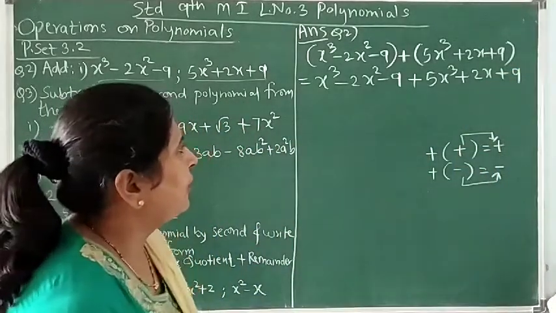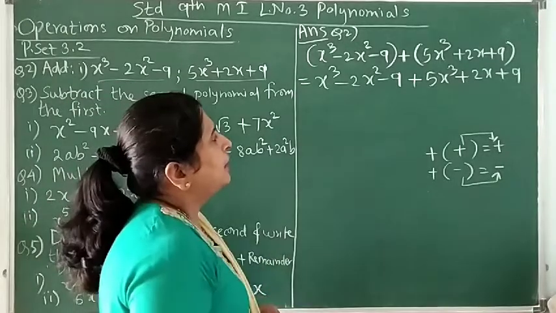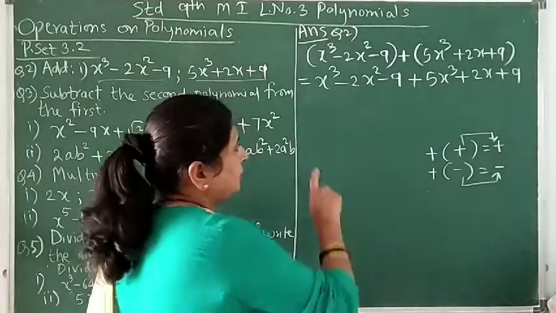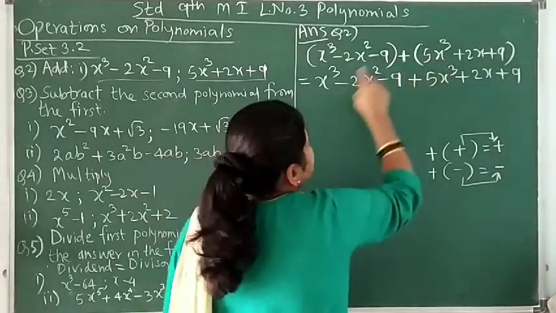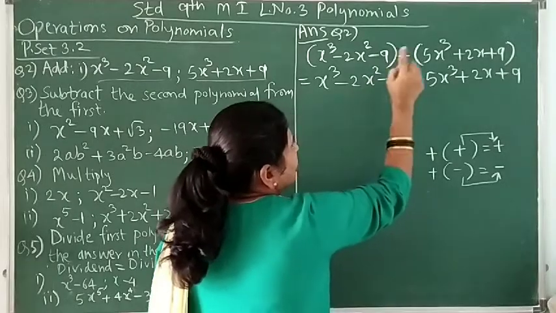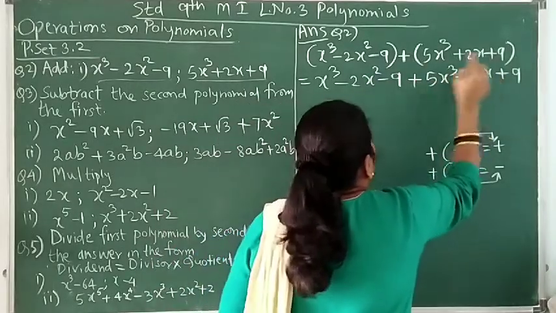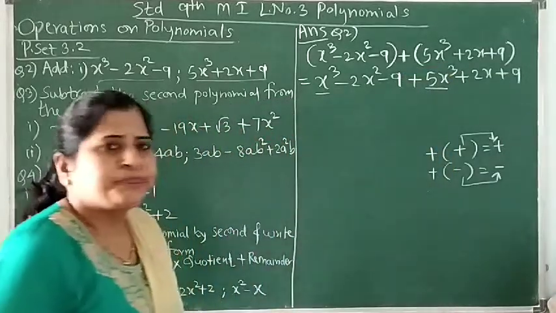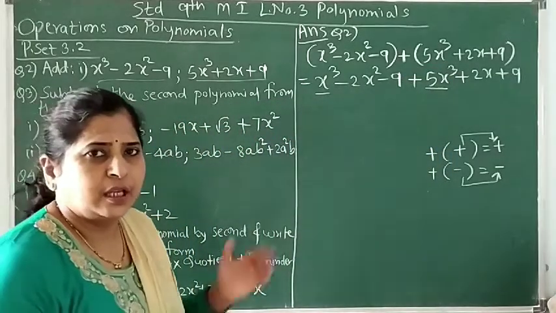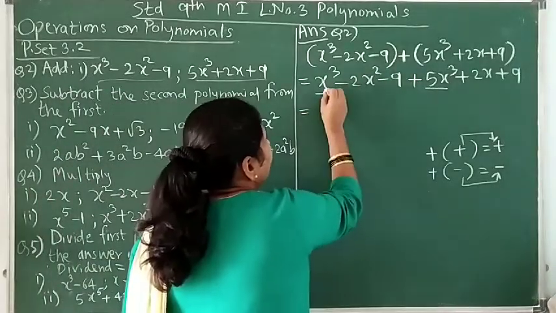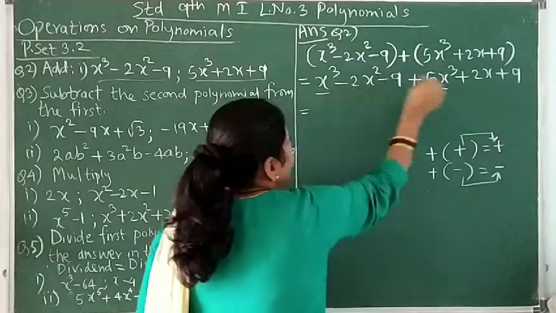Now we have to observe which is the highest power in the given terms. We have 3 plus 3, so 6 terms: x cubed, x squared, a constant term, x cubed, x and 9. You can see x cubed and 5x cubed are the terms with the highest power 3, and they are like terms, so we need to add them as per the rule.